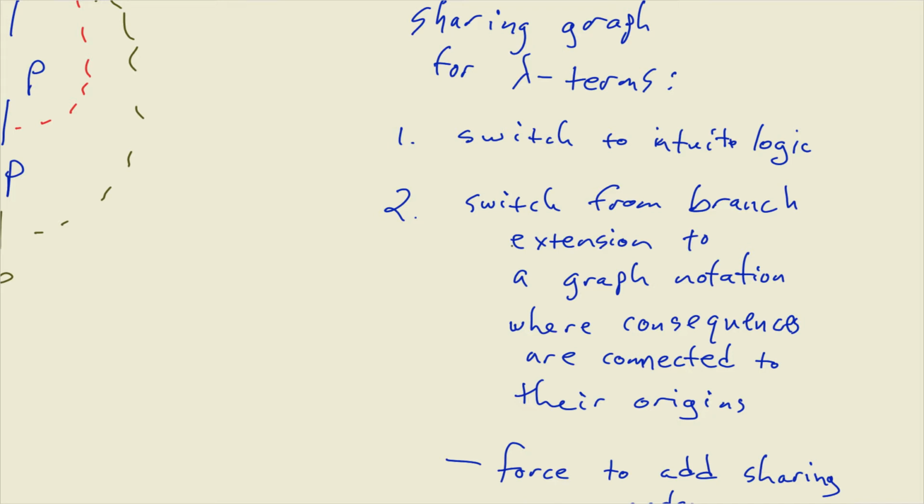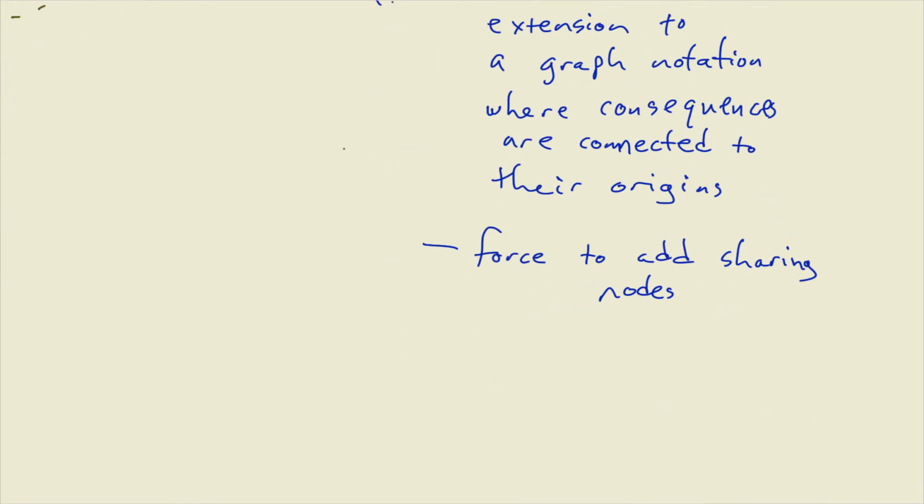So I've carried out this program, at least in my head, and even some on paper, to go from these two steps. And there's a third step, which is we need to introduce cuts. This is a cut-free formalism.